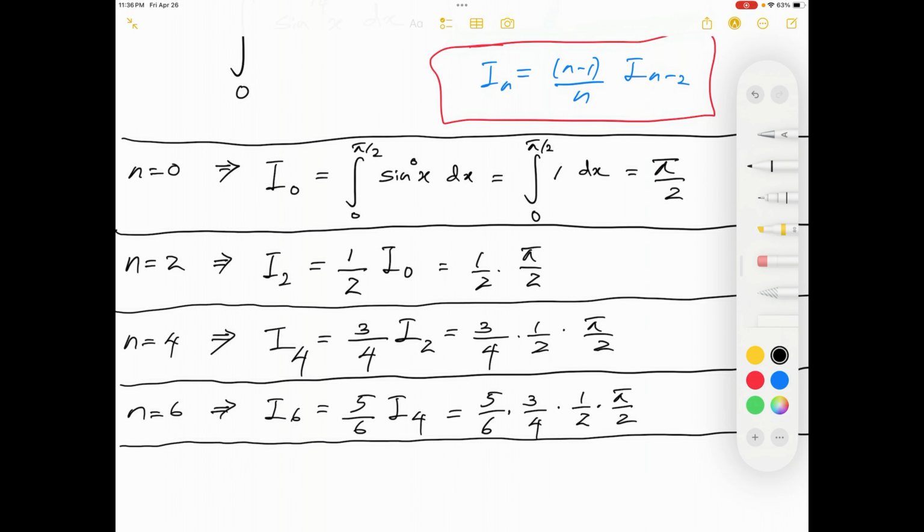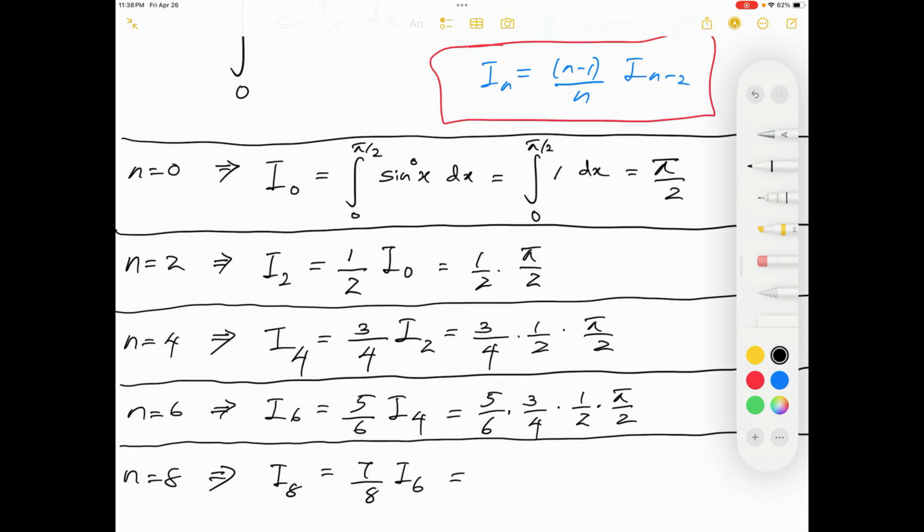By this point, we can quite easily understand the sequence. However, we will do it one more time. When n is equal to 8, the reduction formula right here gives us I sub 8 equals (n minus 1) over n, with n equals 8 becomes 7 over 8, that times I sub (n minus 2).